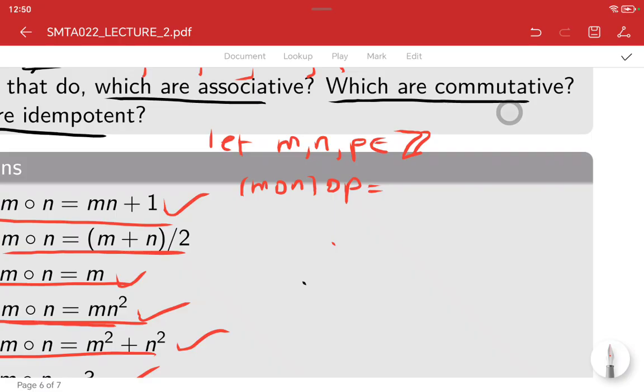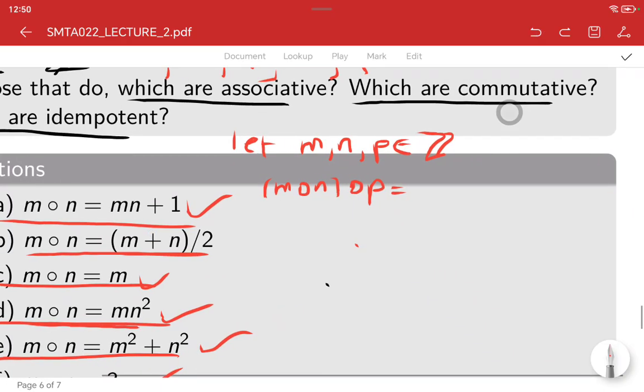I remember that in most cases from first level you used to just write both sides, then you check them one by one. Now you're not allowed to write this. You're just going to write one side and check it. We know already that M O N is also MN plus 1. We agree, right?